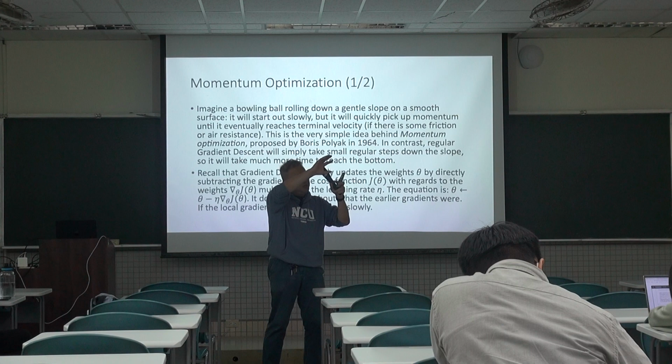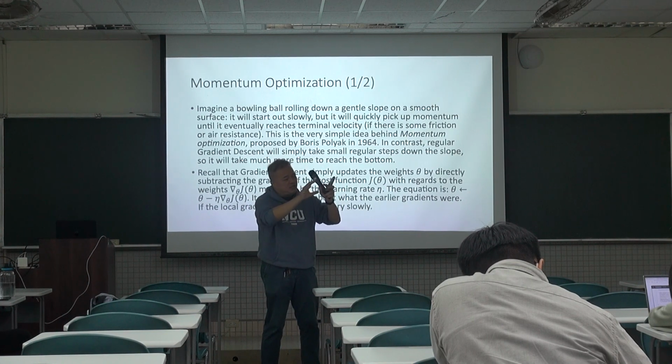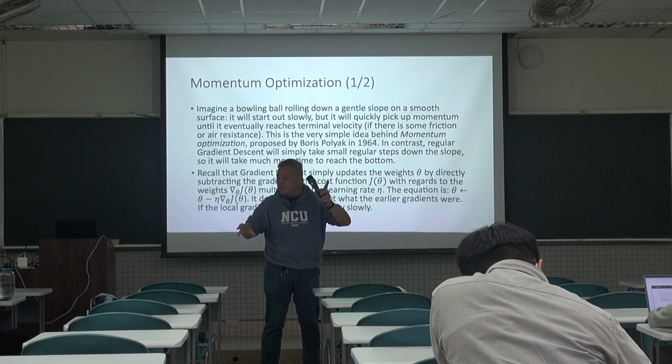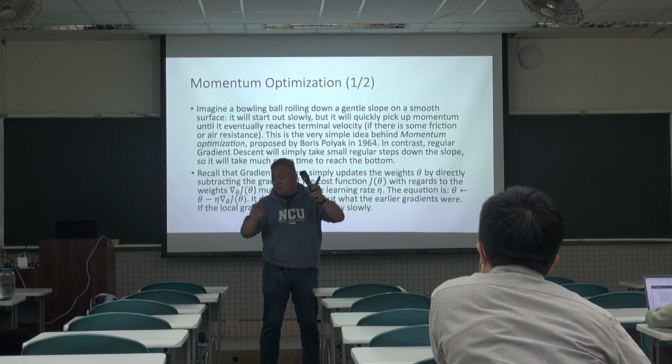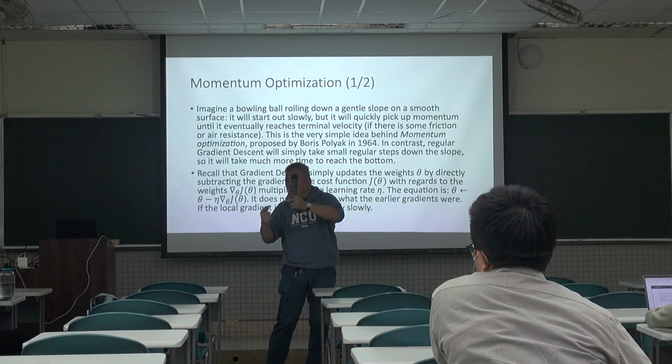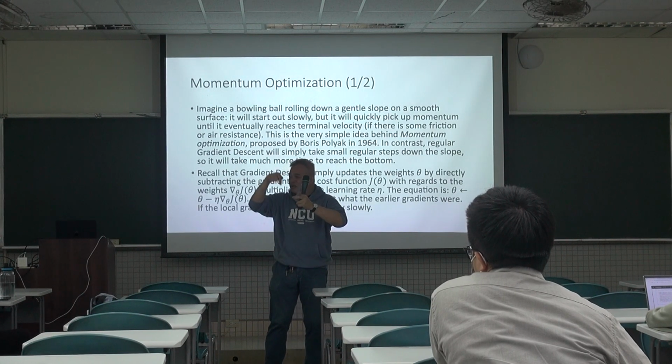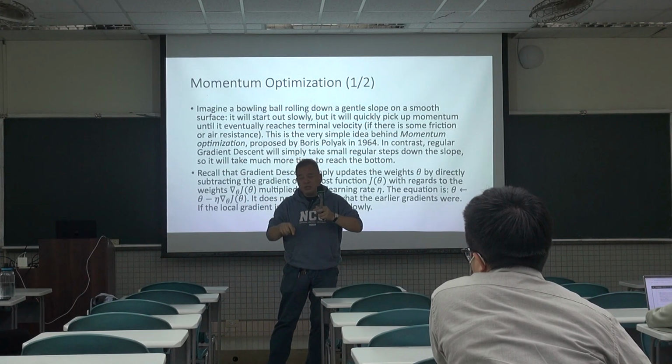The ball keeps rolling faster and faster until it stabilizes. Why does it stabilize? Friction, right? Because there's friction that will cancel out the acceleration.